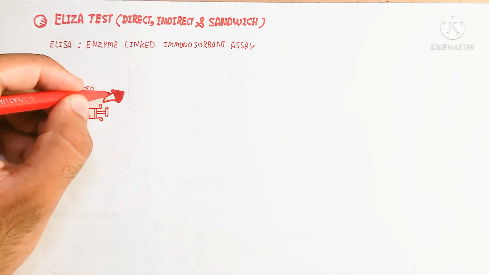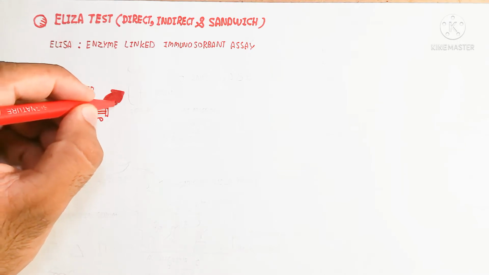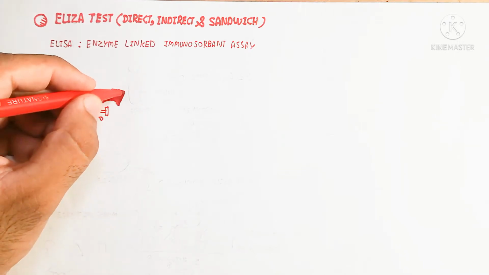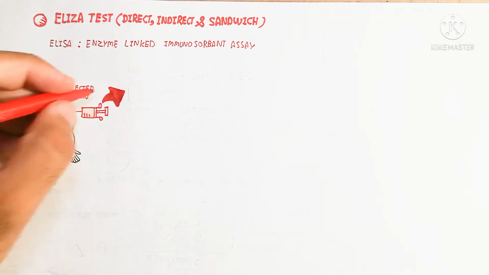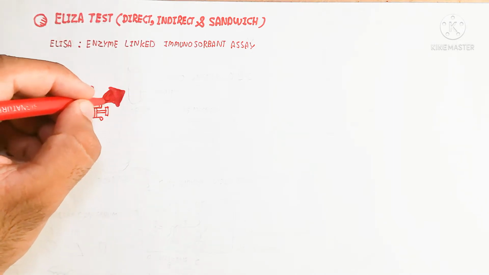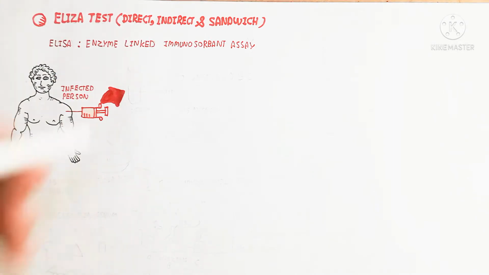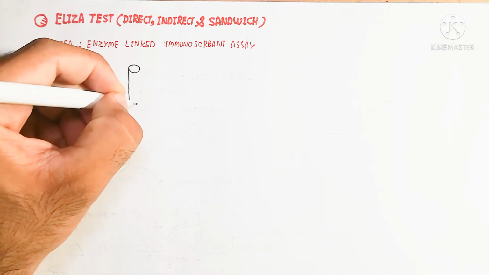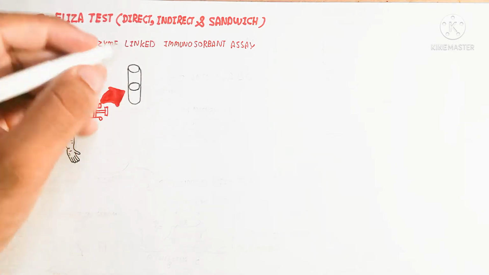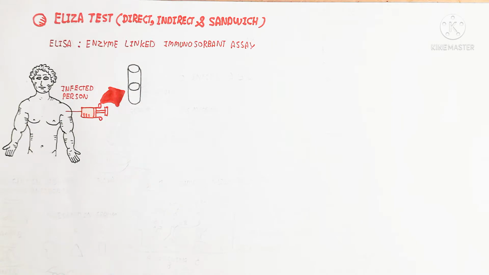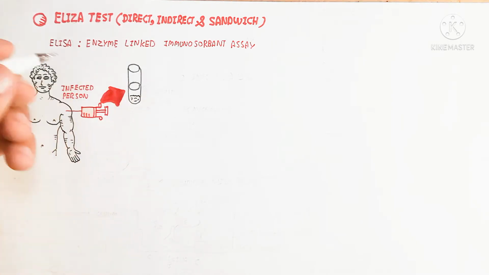So let's begin to detect the antigen first of all. This serum contains many types of antigen. For example, it can be A, B, C, but we are detecting the B antigen for understanding, to look whether it is present or not.